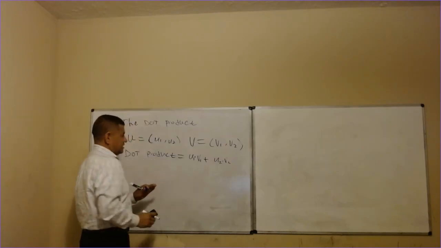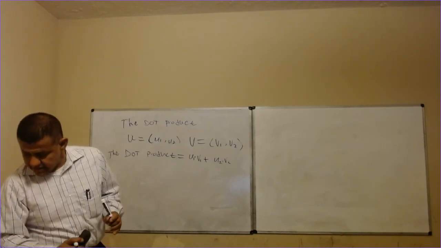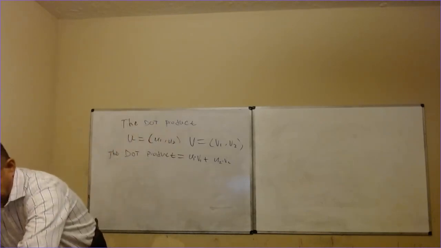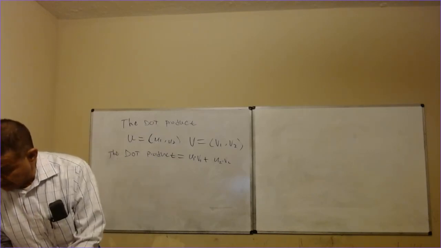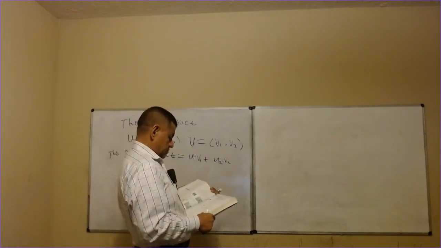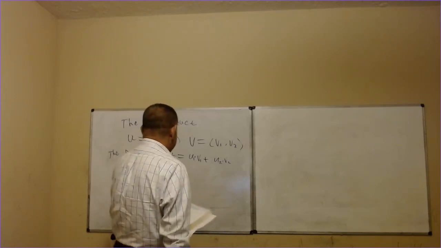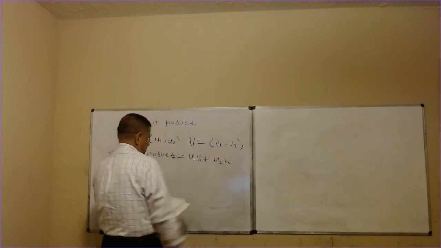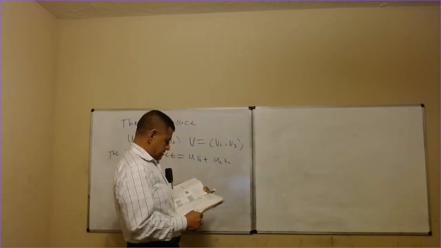But technically, what they're saying is that the rules, let me write them up here. So the rules are the following. In this case, they don't even have the dot. They're just multiplying. Don't worry about it. Just multiply. Right? Okay, so that is that.